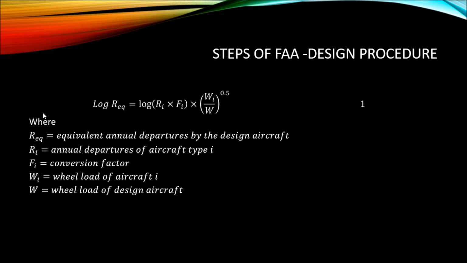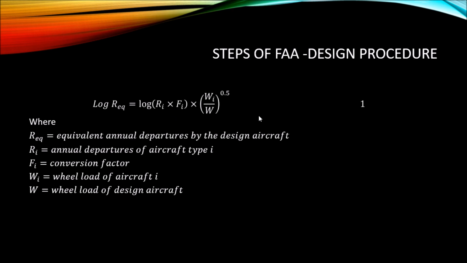applying the following formula, which is equation 1: log R_EG is equal to the sum of log R_i multiplied by F_i multiplied by (W_i over W) raised to the power 0.5.